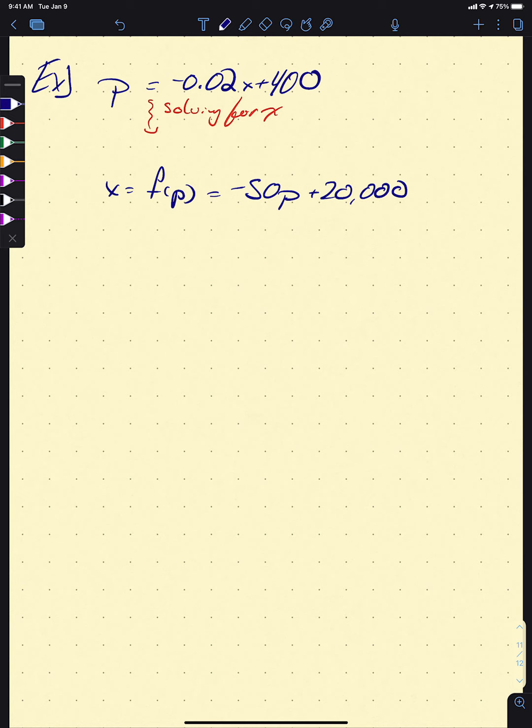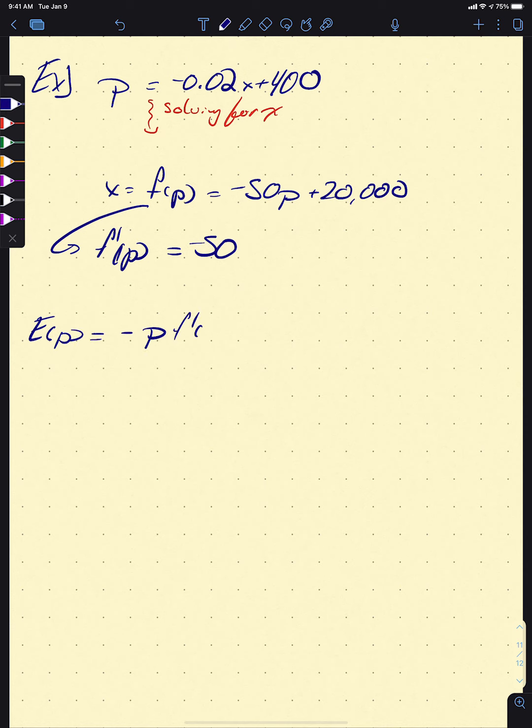Now, wanting to calculate the elasticity of demand here, we have that f prime of p is just negative 50. Therefore, E of p is going to be negative p f prime of p over f of p.